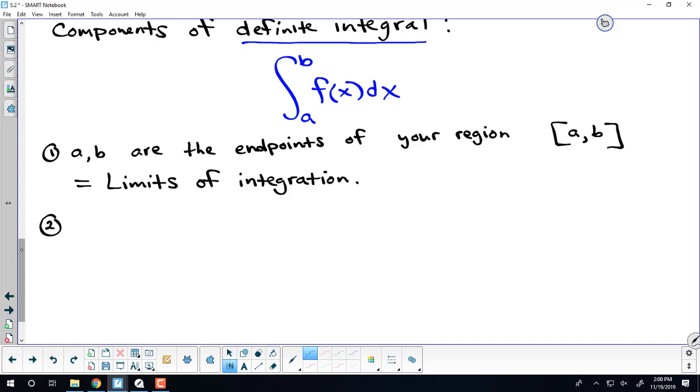We'll talk about how it equates as well to the infinite sum. But the function is just the function. f of x is f of x.